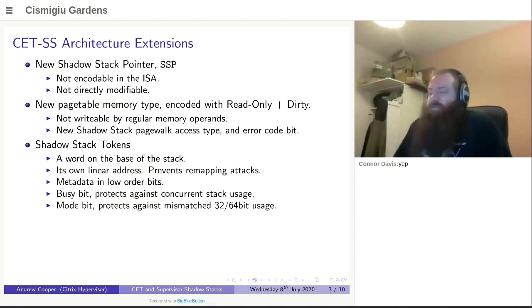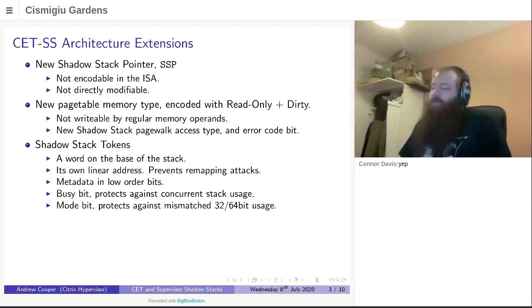Another thing that differs from the previous architecture is the idea of shadow stack tokens. There are several of these, and they are a word at the base of the stack. They've got several properties. First of all, the majority of a shadow stack token is its own linear address. This is to prevent attacks where someone can control the page tables and alias stacks over each other. So hardware will detect when an alias has occurred and will object to it.